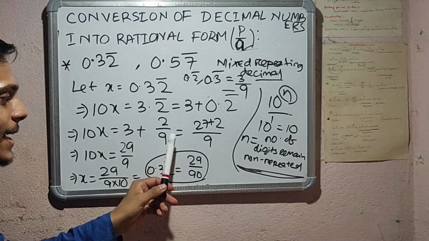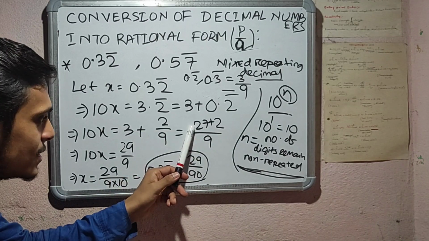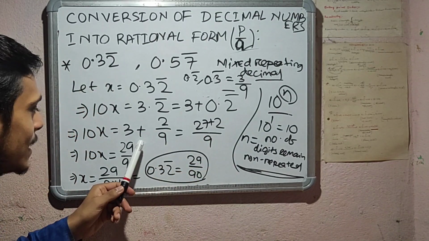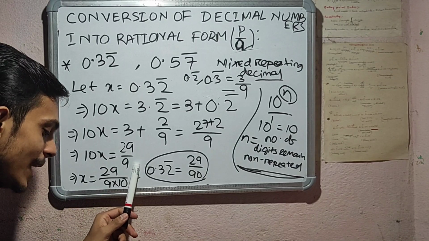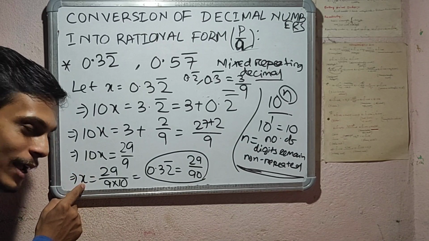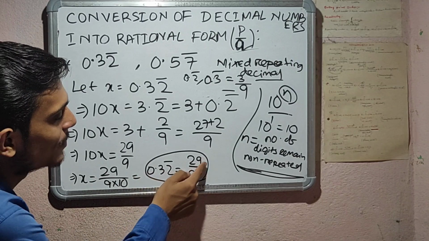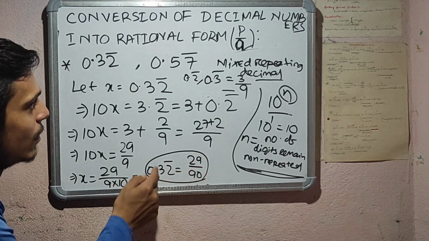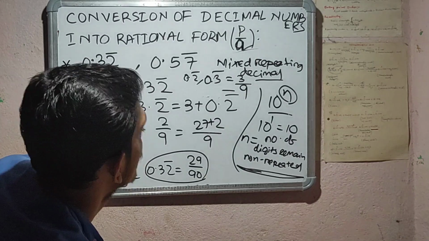So 3 times 9 is 27, plus 2, that is 29 by 9. So 10x equals 29 by 9. Since 10 is multiplied here, to find x we divide by 10. So x equals 29 by 90. This is the value of 0.32 with the bar on 2. Okay.